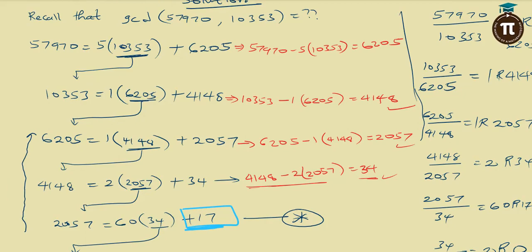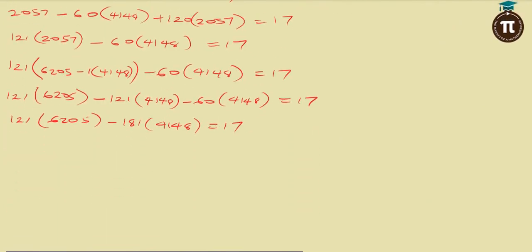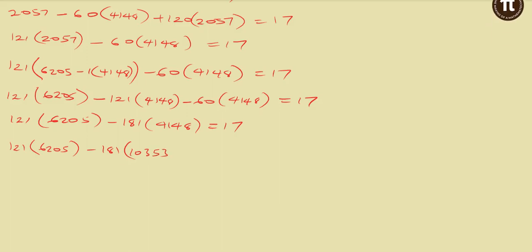4148 is 10353 minus 1 times 6205. I'll write it as well. So I have 121 times 6205 minus 181 times, and 4148 is 10353 minus 1 multiplied by 6205, and this is equal to 17.